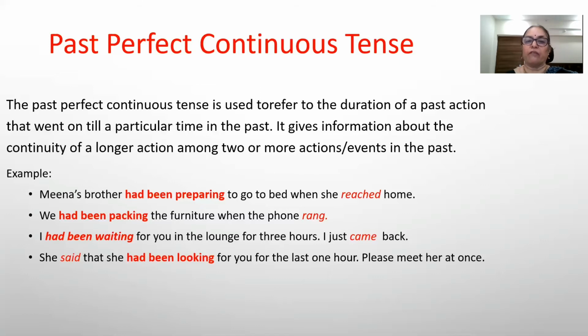I was looking for you is past continuous tense, and when you are converting that into reported speech, you have to change that. She said, I had been looking for you. Past perfect continuous tense. Please meet her at once. So here, this is where you are going to use this past perfect continuous tense.